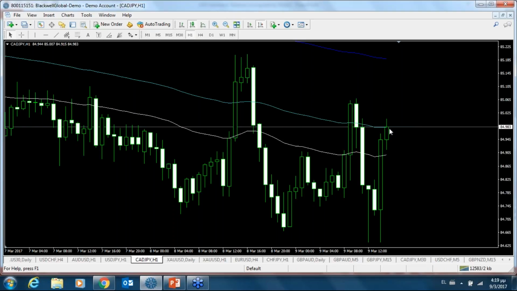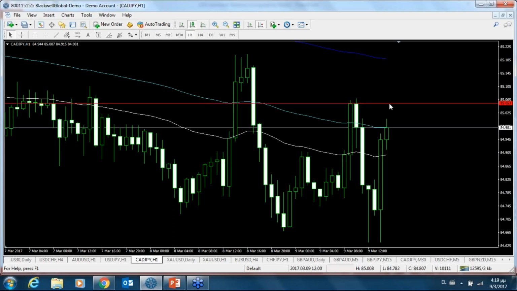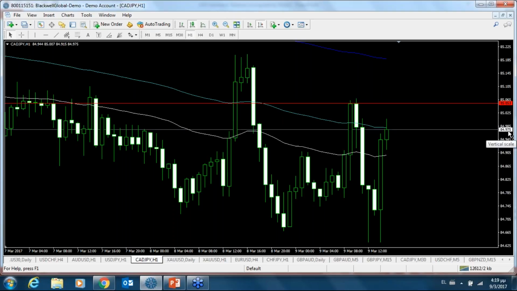Okay, you've got prices going upwards, but again, within the zone, you can see some resistance here at 85.05, which is very close to 85.00. Now prices at 84.97, very close to 85.00 again.